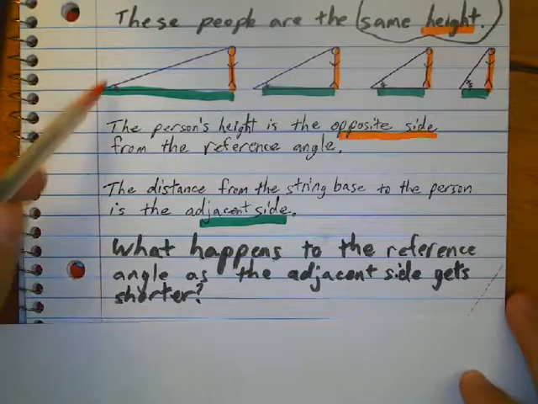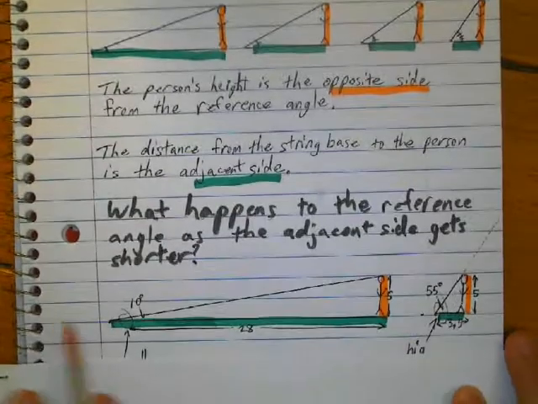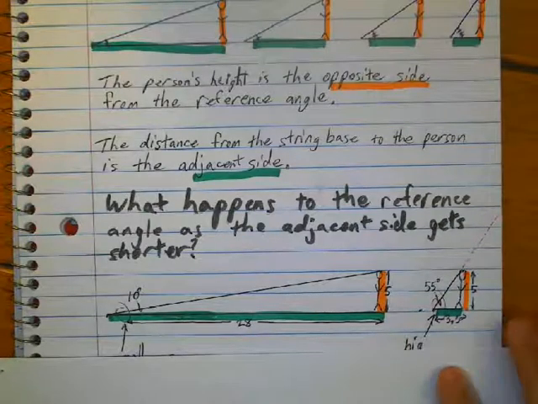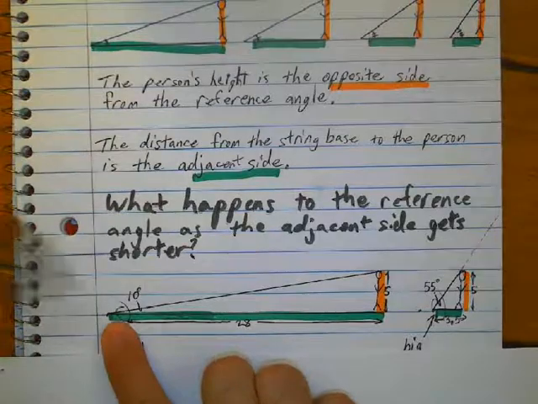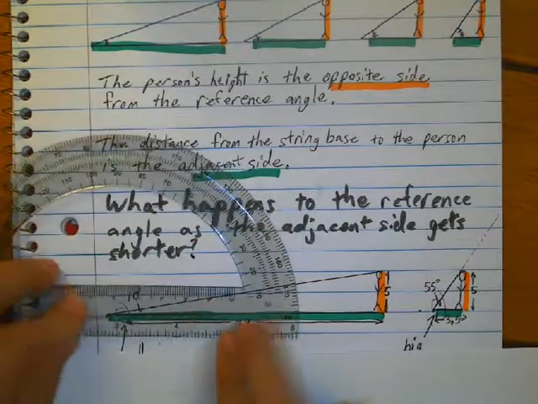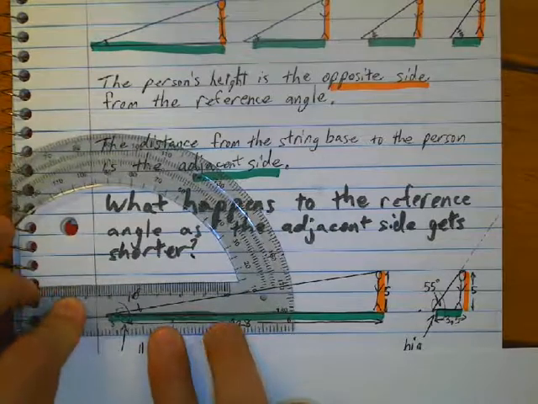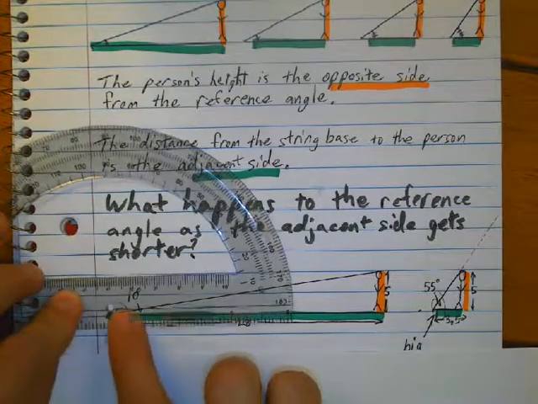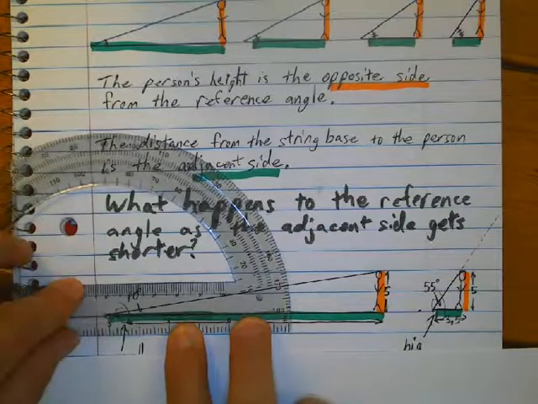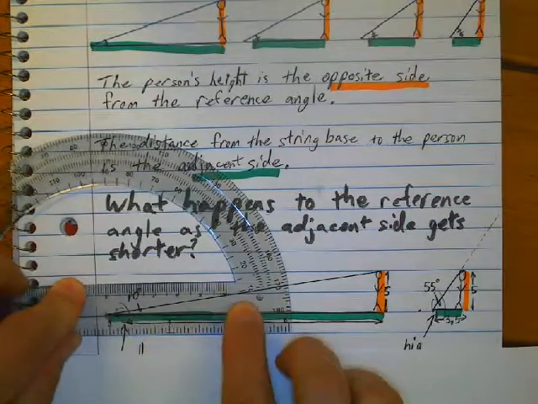Well, this angle is looking bigger. And now let's look at this for an exaggerated example. So here I've got a reference angle here that's really, really far from here. So if I put my protractor here, and I've lined up the circle and the line here with my ground line, you can see that it looks like it's about 10 degrees.